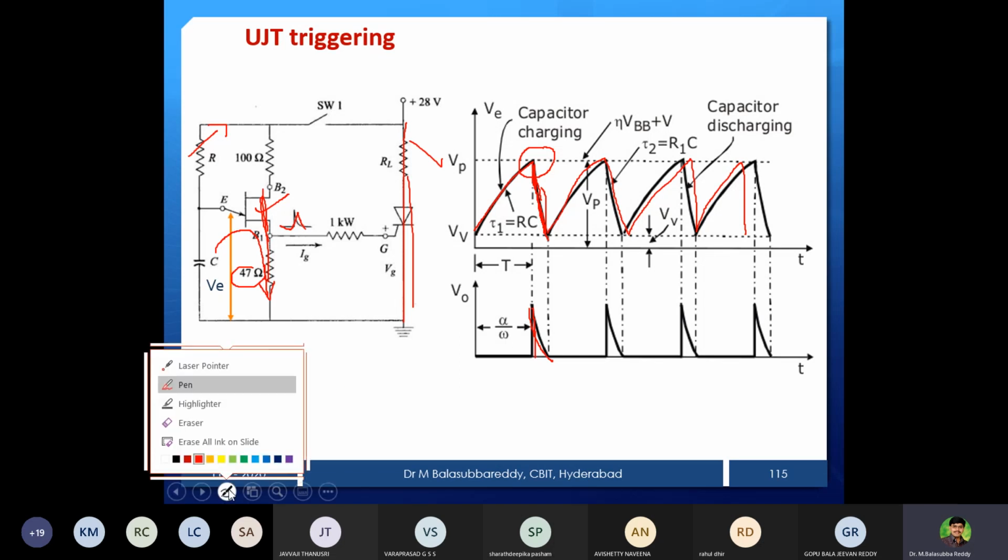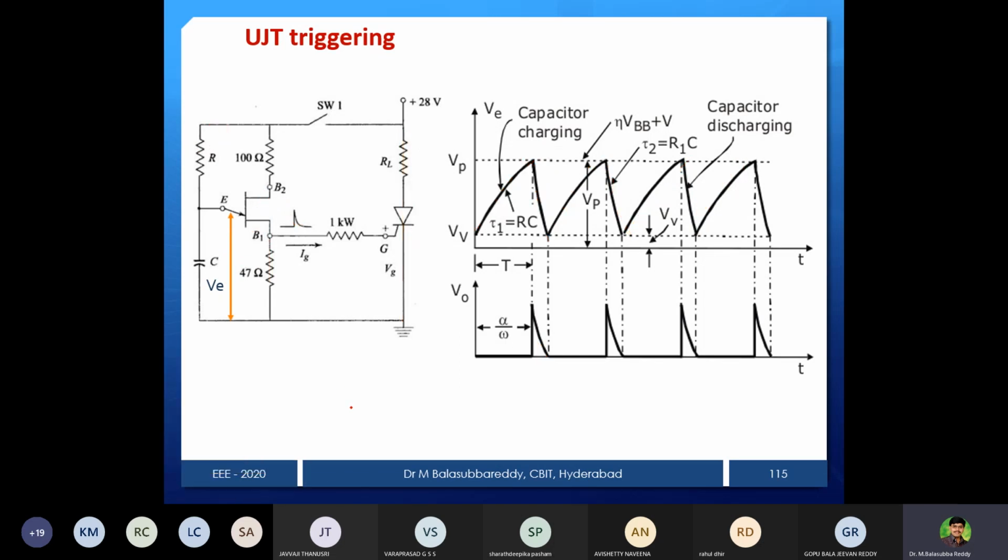So now the question is how to vary the alpha. Again, same logic. This gap we call alpha, no? Because here the x-axis is mentioned as t, that's why they used alpha by omega. Normally if you use omega t, this is nothing but alpha only. Now I want to decrease the alpha or increase the alpha. What do I have to do? Again the same R value.